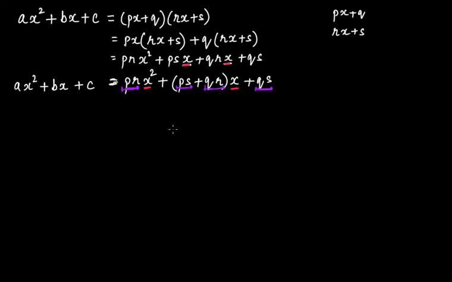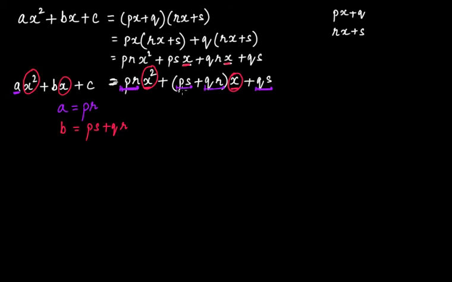Okay, now this is x squared and this is x squared. So its coefficient is a, its coefficient is pr. It means that a will be equal to pr, right? Next, this is x, this is x. The coefficient b will be equal to the coefficient ps plus qr. It means that the coefficient of this middle term can be split into two numbers, which is actually ps plus qr.